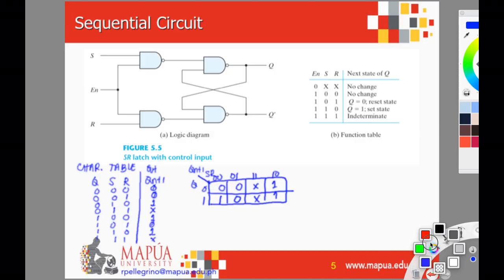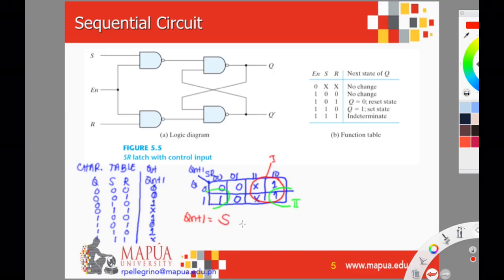So in this case, how many groups do we have? So we have this group, that is group number 1, and then also we have this group for group number 2. So which means what will be our equation? So Qn plus 1 is equal to, for group 1, so Q is cancelled. What is remained? R is from 1 to 0. So what is consistent?